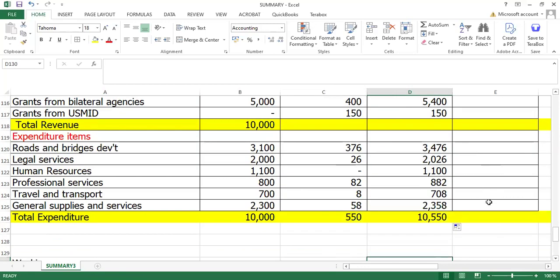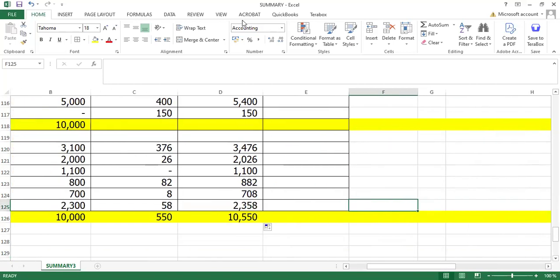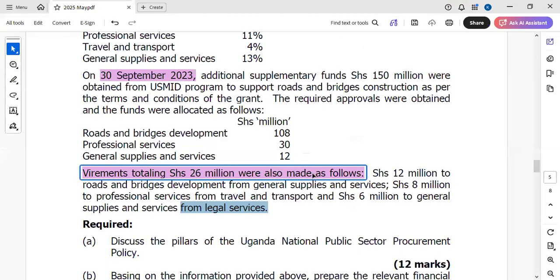Then the actuals, we pick the actuals from the question, the actual expenditure. You have the actual expenditure from the question.